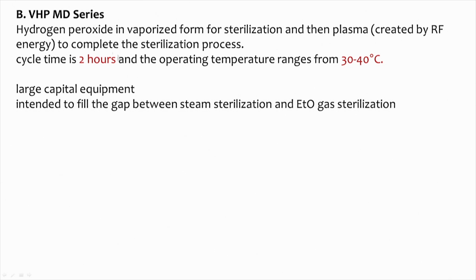Cycle time is 2 hours, operating temperature 30 to 40 degrees centigrade. Hydrogen peroxide is a very good oxidant, so it can kill. Then we use plasma, radio frequency energy. It is very expensive. It sits between steam sterilization and ethylene oxide gas sterilization.